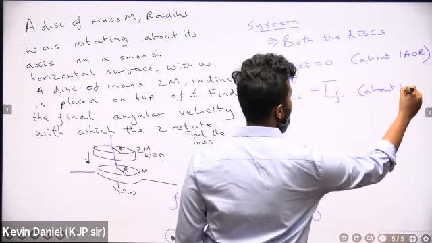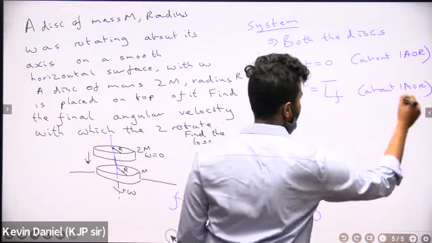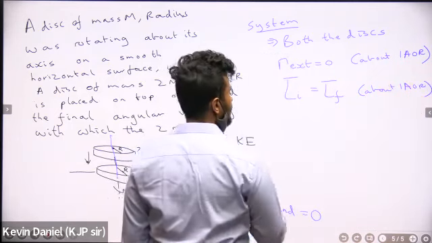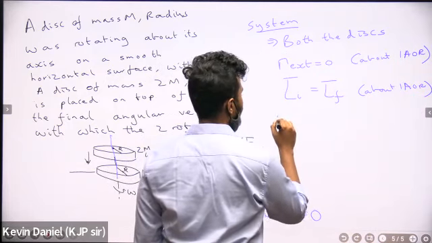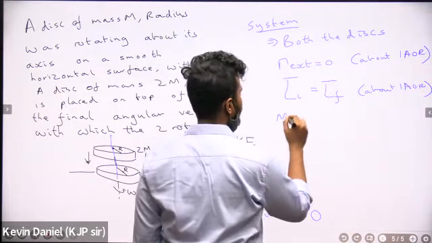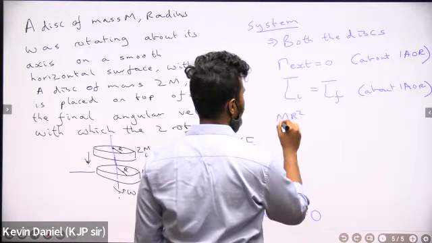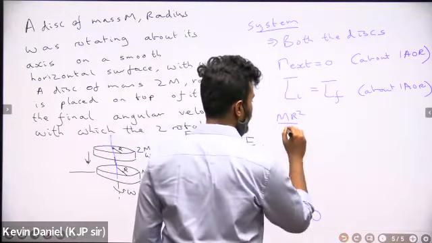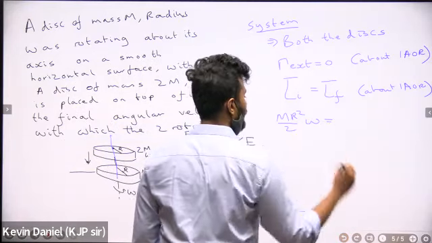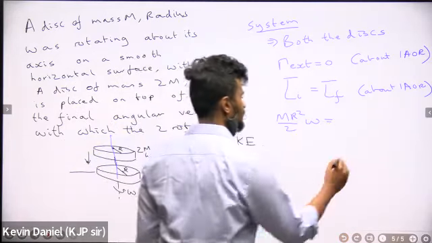Initial angular momentum about the IAOR, मतलब center वाला axis जो rest पे है, is तो जिस lower वाले disk के कारण होगा mr square by 2 into omega. Very nice. और फिर finally क्या होगा?